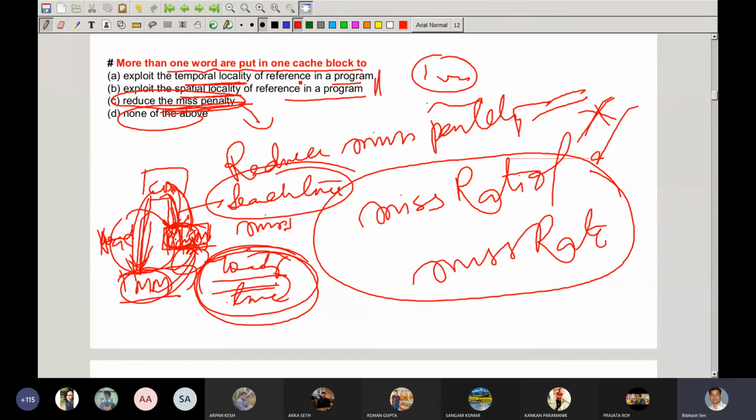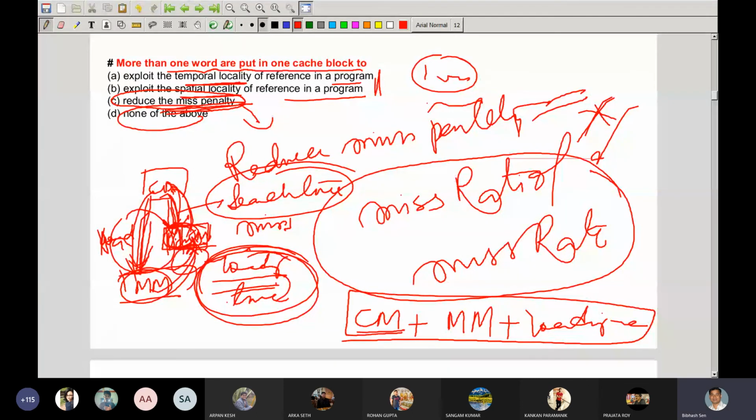Am I correct or wrong? Now the searching time of the cache memory plus the searching time of the main memory plus the loading time is the total latency required when a miss happens, and that is the miss penalty. Are you getting my point? Clear?